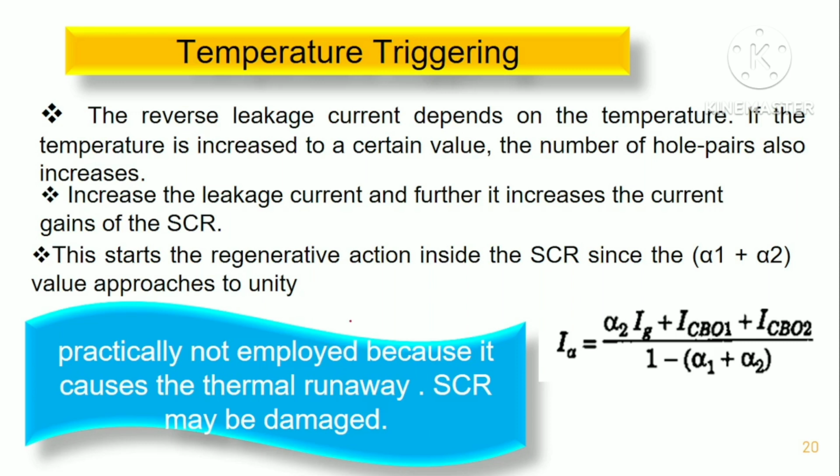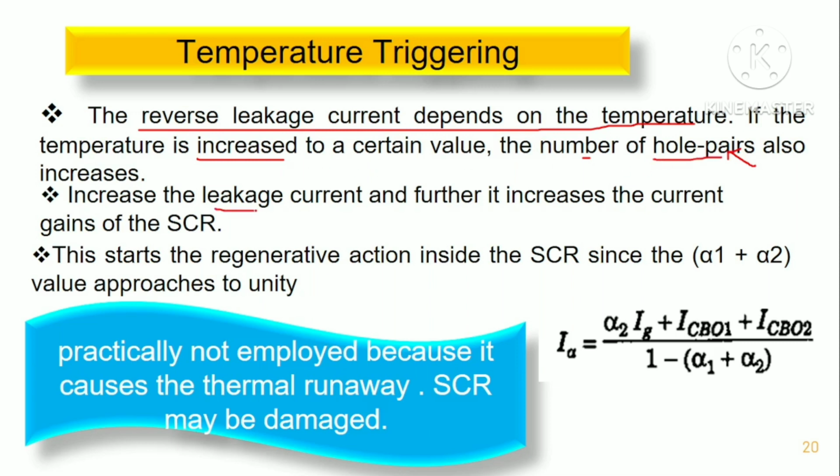The second method is called the temperature triggering method. From semiconductor technology, the reverse leakage current is fully dependent on temperature. When the temperature increases, the current increases and the hole pairs also increase.